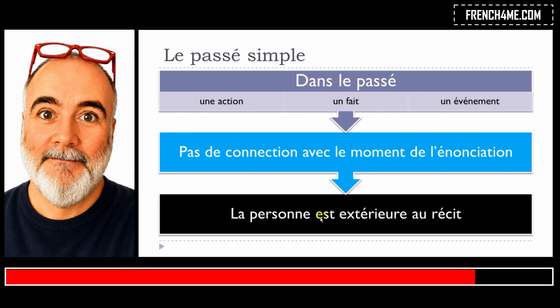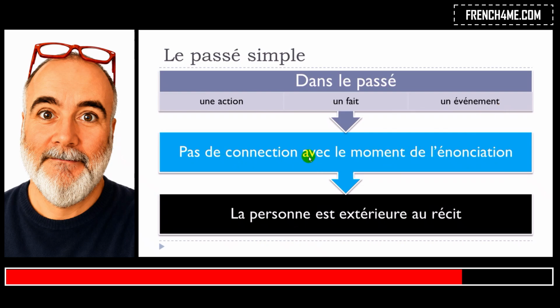And the last thing is that normally the person who will express this passé simple form will be somehow exterior to the story. So la personne est extérieure au récit. Okay, so keep that in mind if you want to express in the past une action, un fait, or un événement.